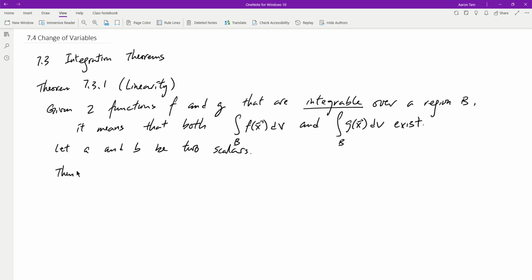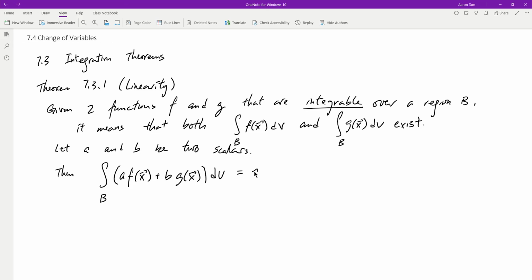If you take an integral over B of a f of vector x plus b g of vector x dV, I can separate this into two separate integrals and pull out the constants from the integration.